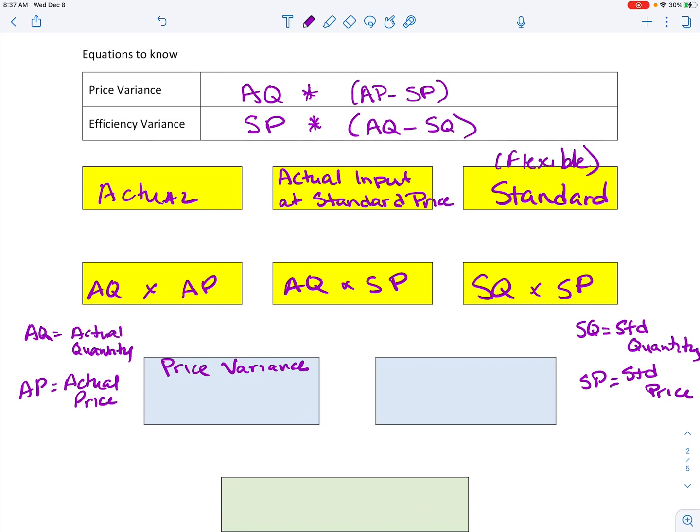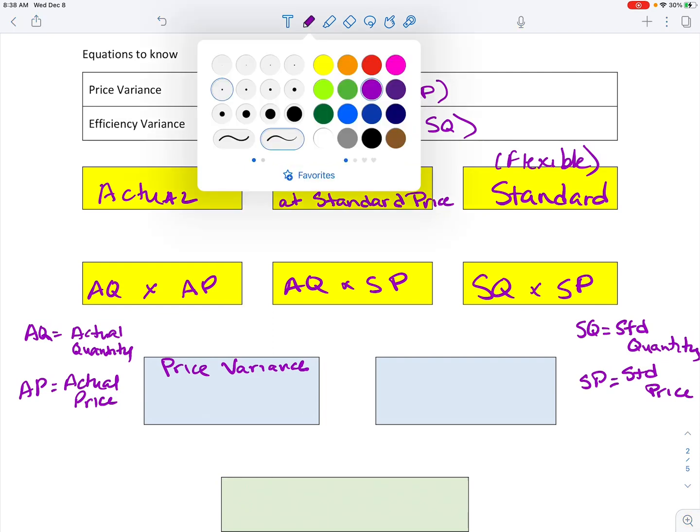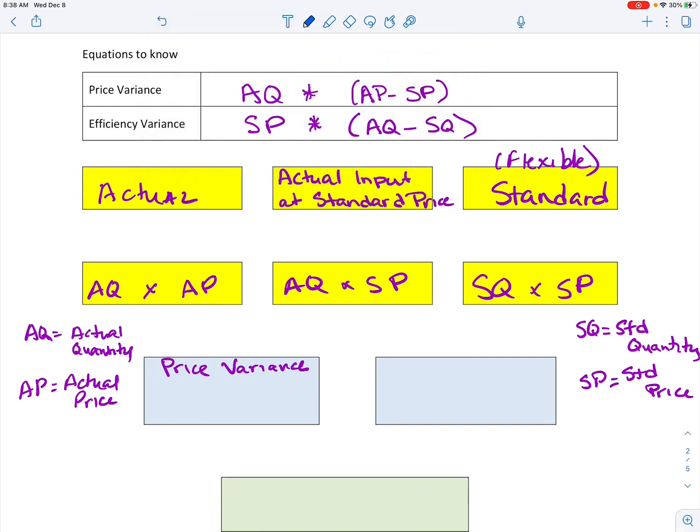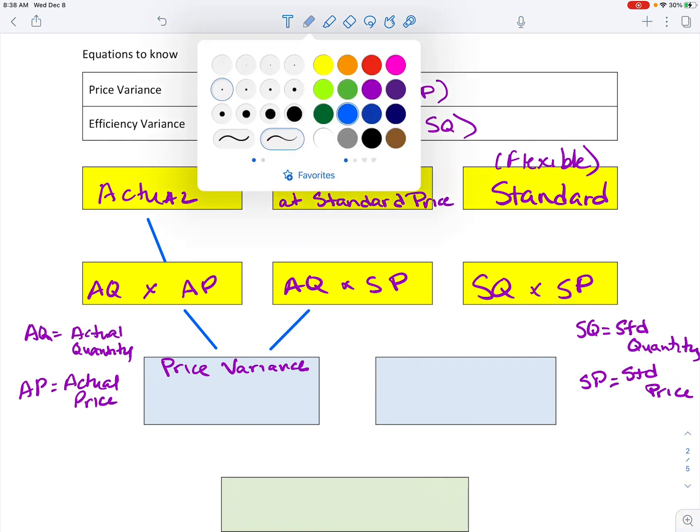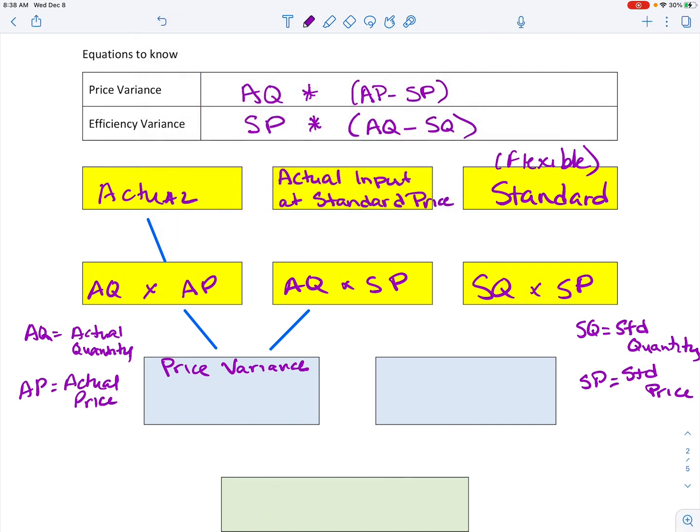My price variance is looking at what do I have in common between the two of these. So I'm starting with actual, bringing that down, then looking at the actual piece and the actual at standard piece and combining those to come up with my price variance.